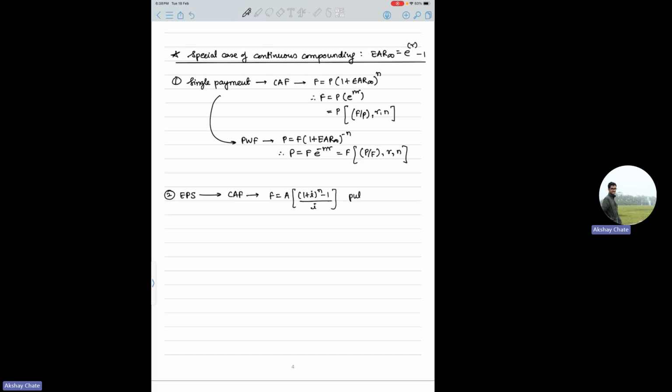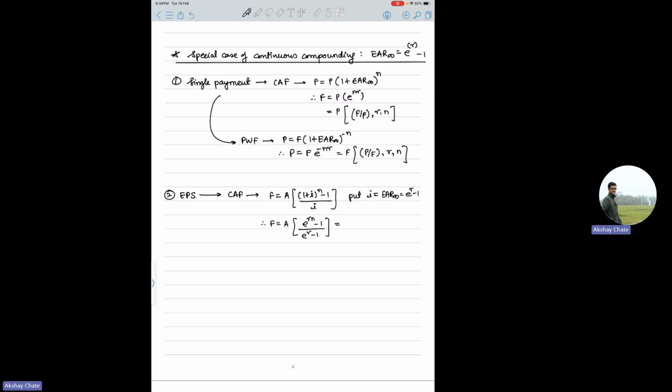So here put i equal to EAR infinity, which is nothing but e to the power r minus 1. Okay. So if you do that, what you'll get is F equal to A, and this plus minus 1 will get cancelled. This will be e power rn minus 1 by e power r minus 1.